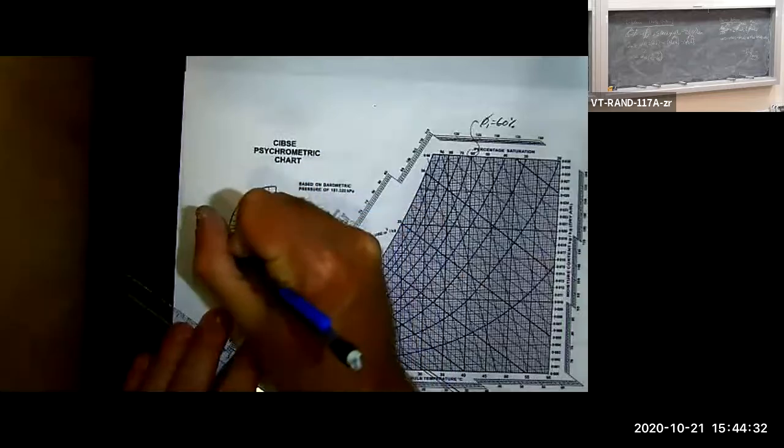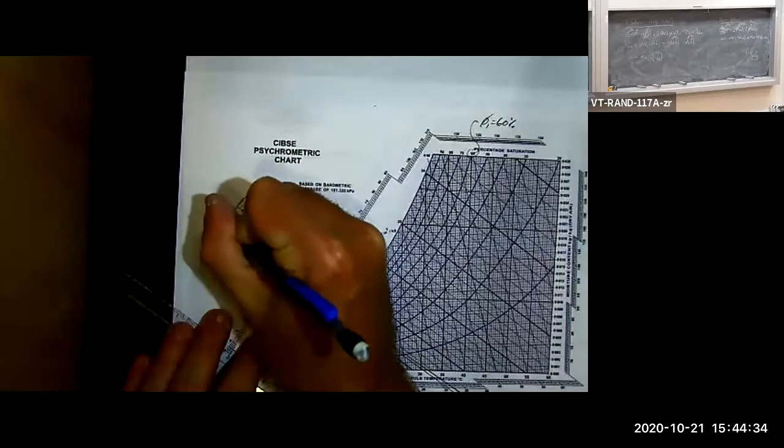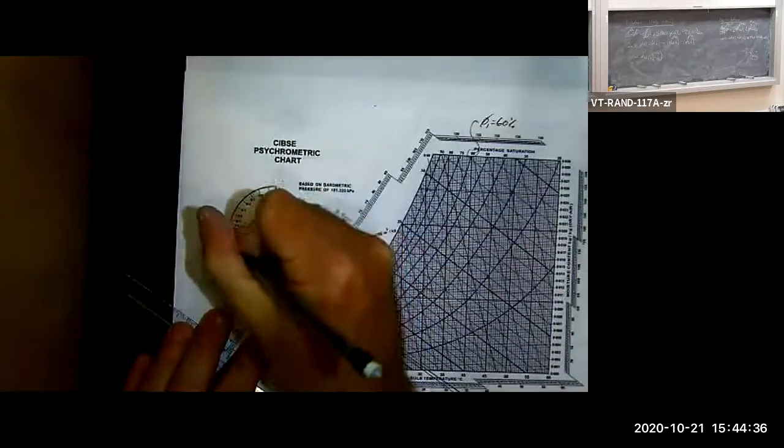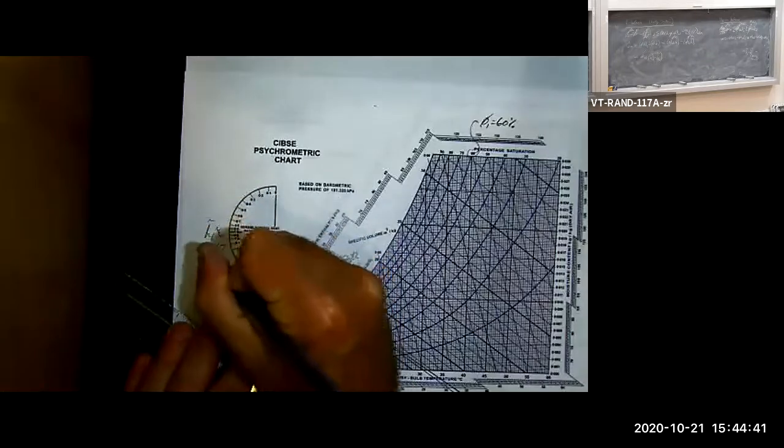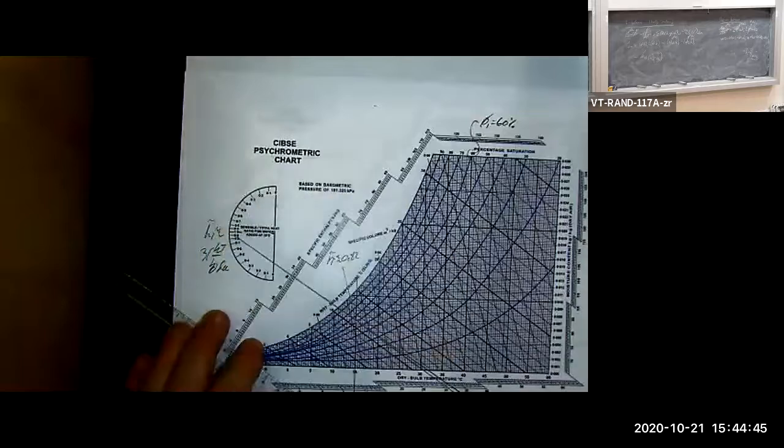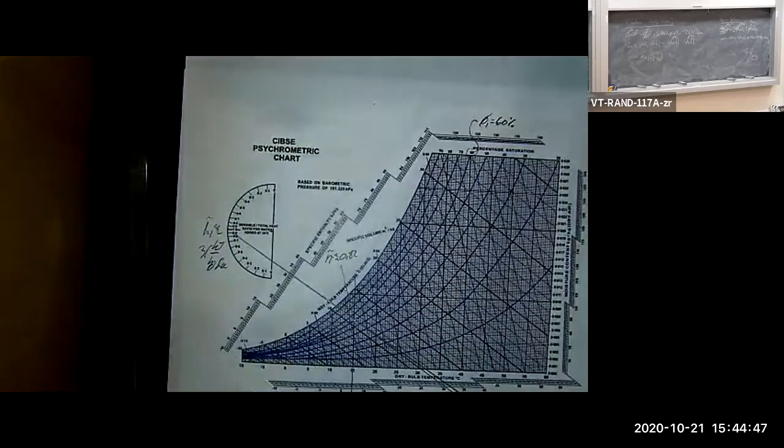So H tilde 1 is about 31 kilojoules per kilogram of dry air. It looks like it's around 31, okay?